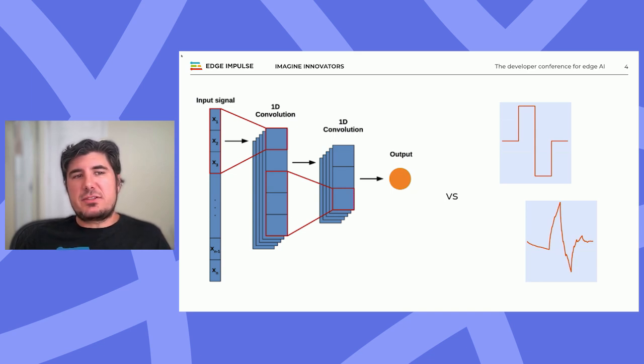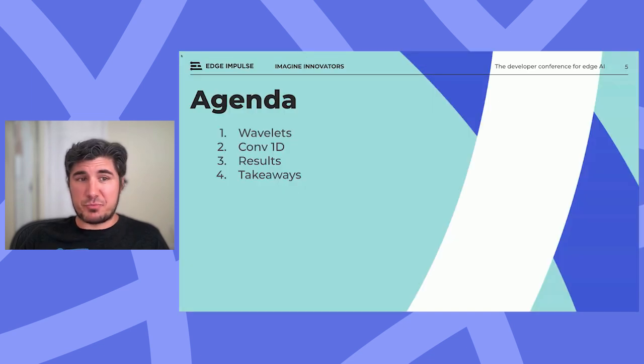We're going to feed it to a 1D conv network. And then the feature extractor we're going to use today will be wavelets. We'll talk more about what that is. So we'll explain what we're doing, look at how both work, look at the results, and then have some takeaways.